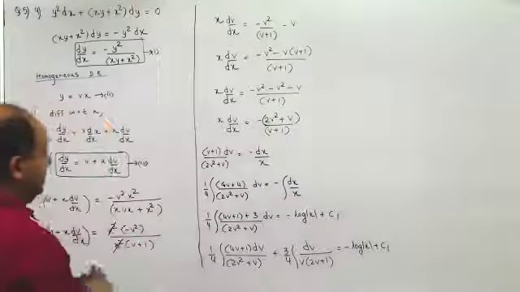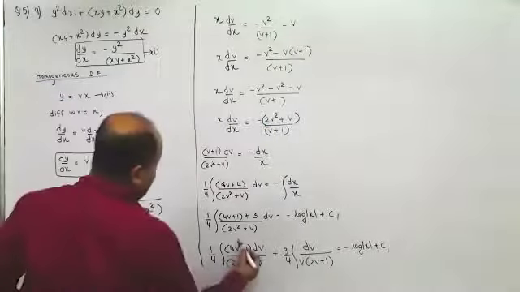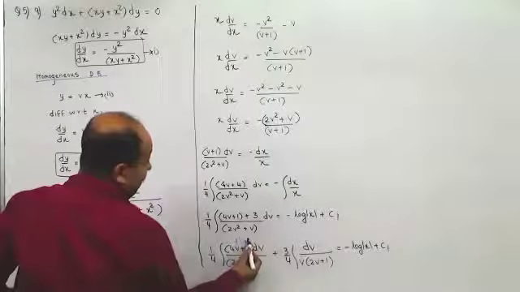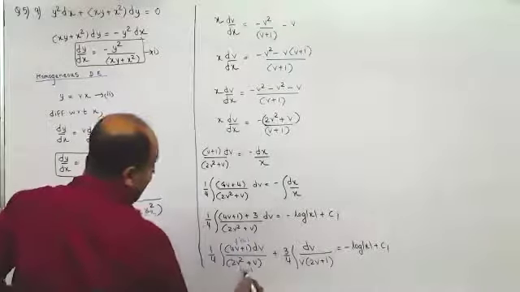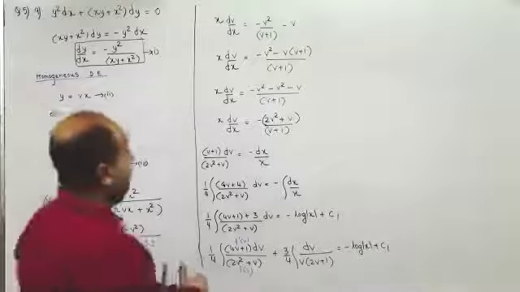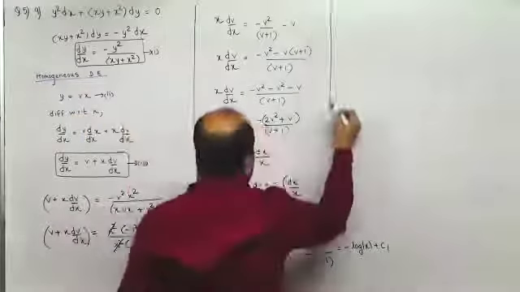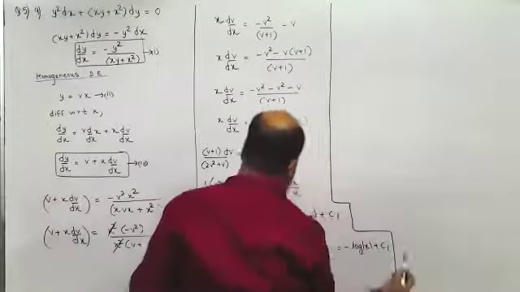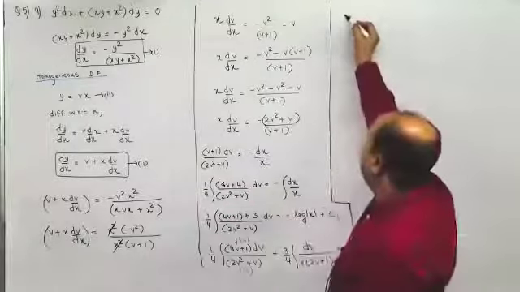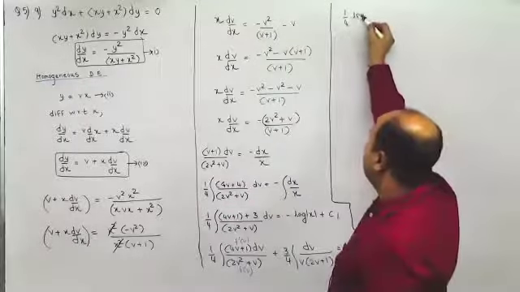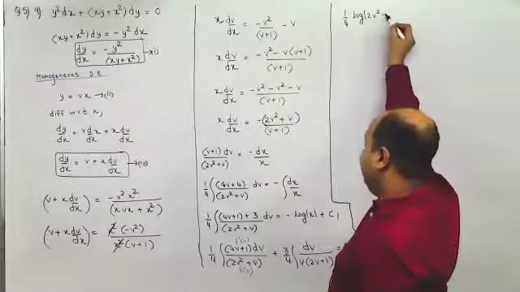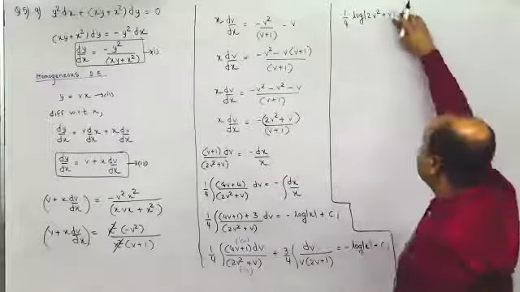Then here if you observe, this is the derivative of the denominator. So I'll get here 1 by 4 log of 2v square plus v as the first term.